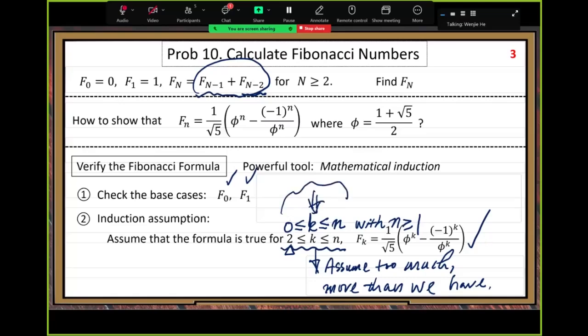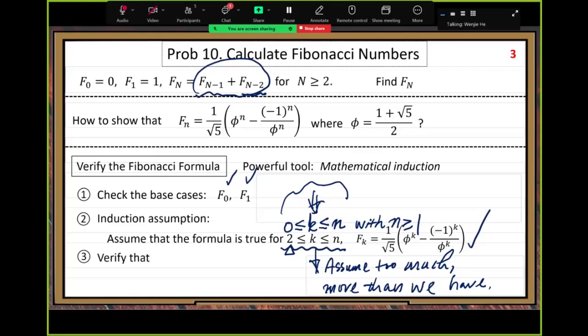If k is out of this range, then we cannot use this formula. Only when k falls into this range, we can use this formula. That's the induction assumption. All right. Step 3, verify.